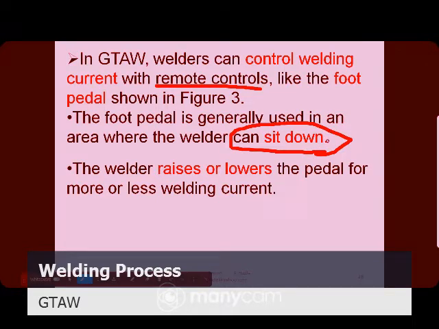So if it is not possible to control the current with a foot pedal, it's important to select a torch that has a control button, an arc control button. This must be used during welding while sitting.